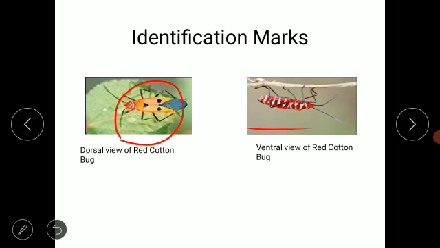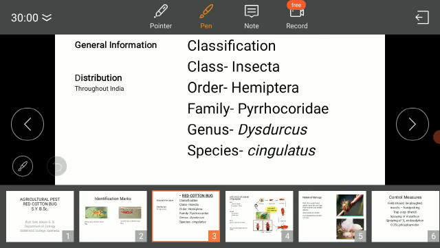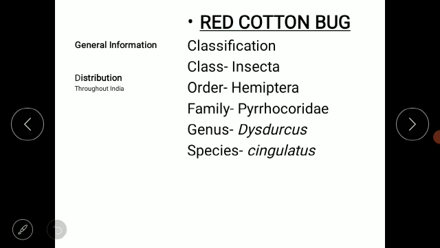Okay. So the next one, if we study the classification first, the red cotton bug is from class Insecta. It is from order Hemiptera. See here, Hemiptera means what?